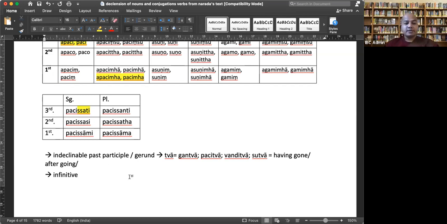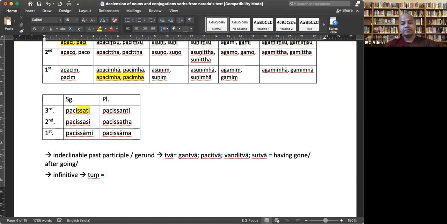And what is the sign of infinitive? What are the characteristics of infinitive? How do you know that a certain verb is in infinitive mode? Normally, the ending of an infinitive is tum, right?